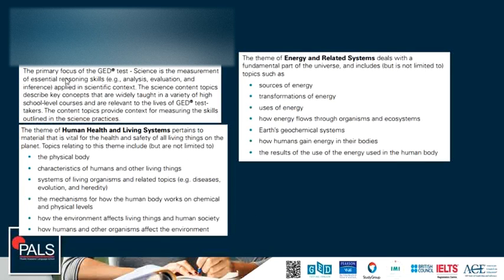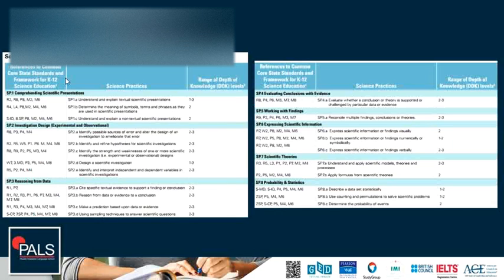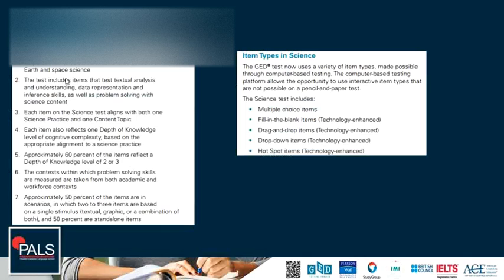So being able to analyze, evaluate, and infer from texts that are related to scientific contents and topics, and interpret, analyze, and evaluate graphical representation of data or data represented in tables.